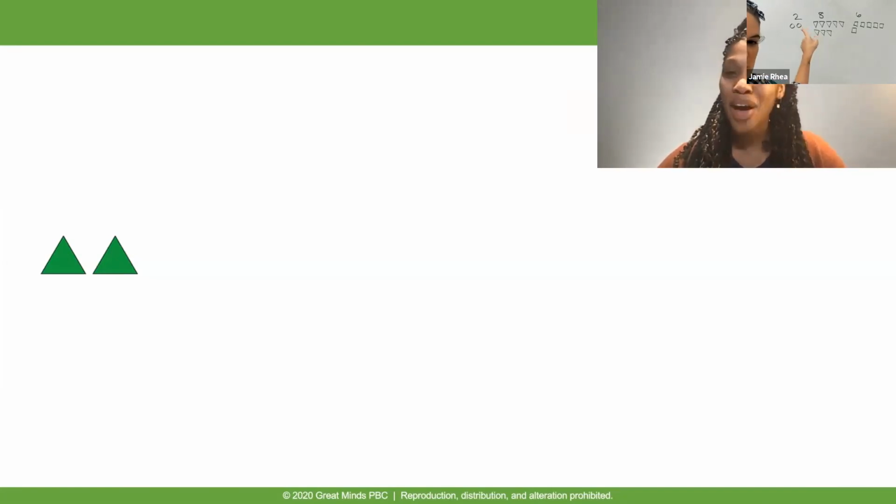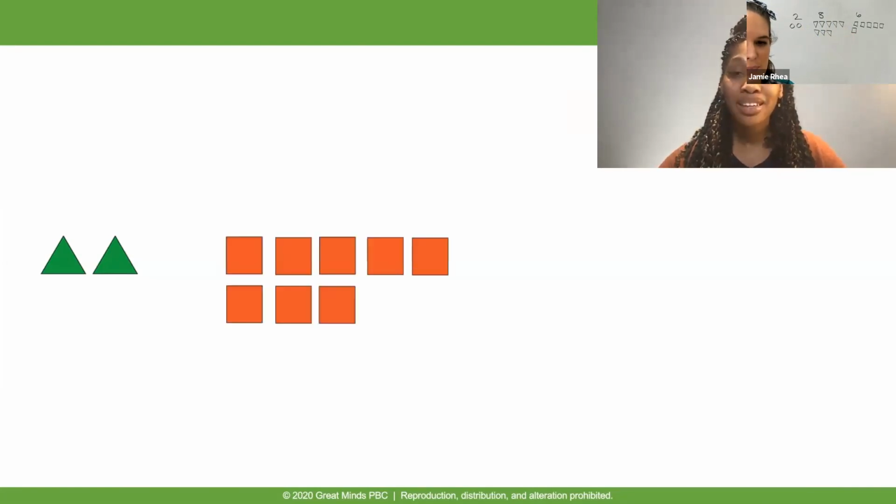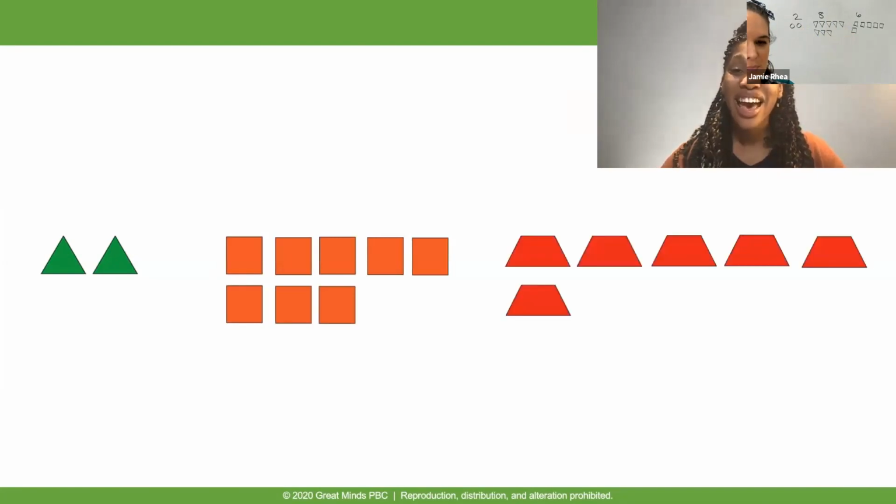Go ahead. We drew 2 circles for the blueberries, 8 triangles for the carrots, and 6 squares for the plums. I used my square blocks to show that he had 8 carrots, and I used 6 trapezoid blocks to show that he had 6 plums.